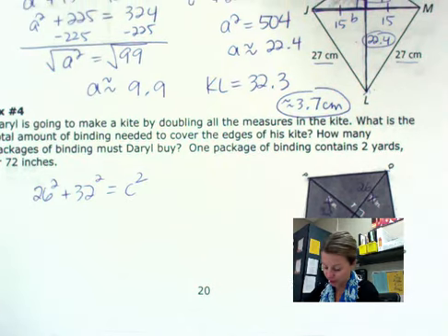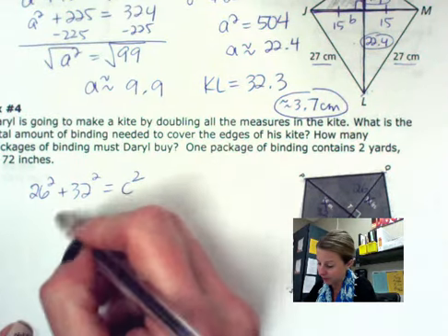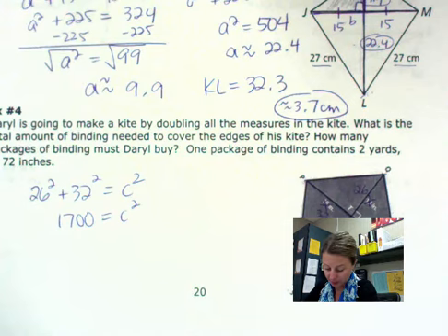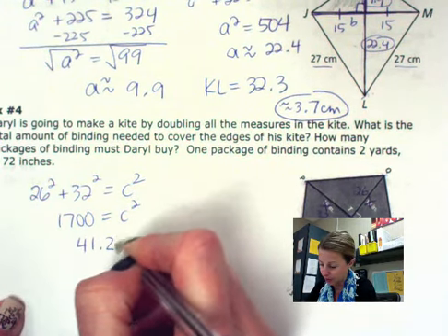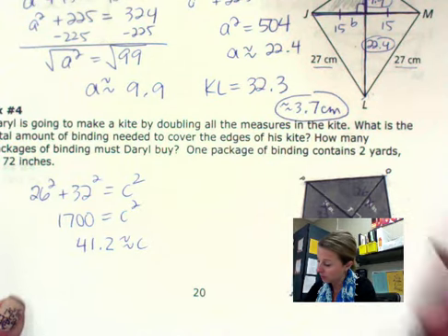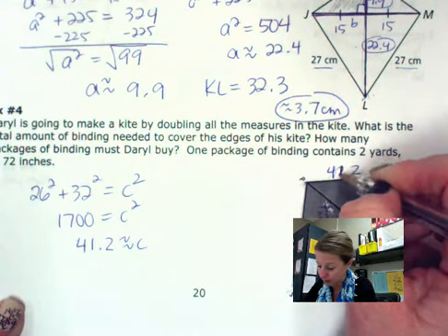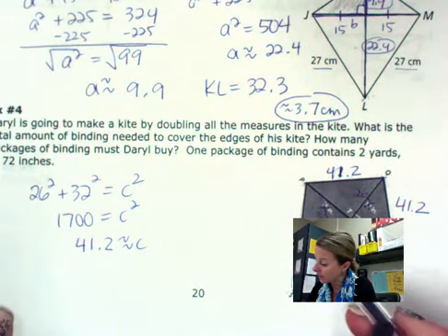Okay, so let's finish that. 26 squared plus 32 squared is 1700. And then I, of course, square root both sides. So I get about 41.2. So there's 41.2, and that's 41.2. I need to do the same thing down here.